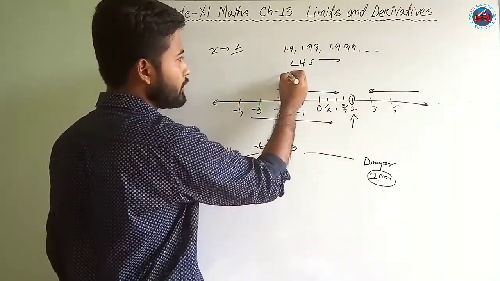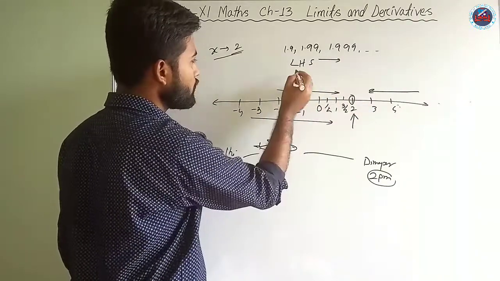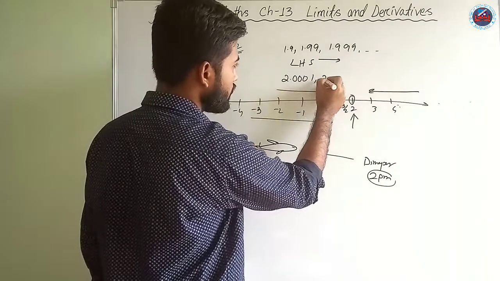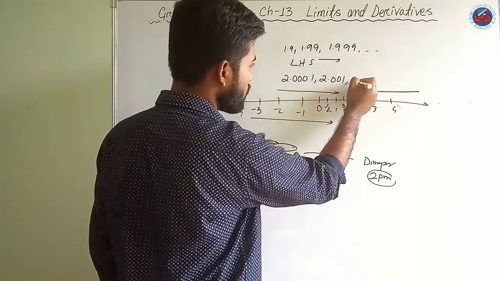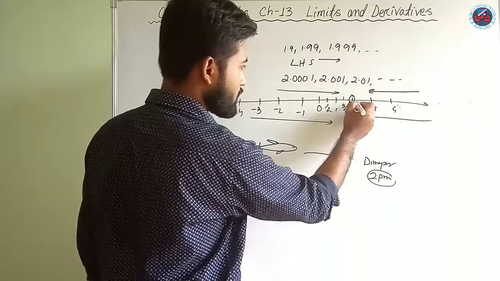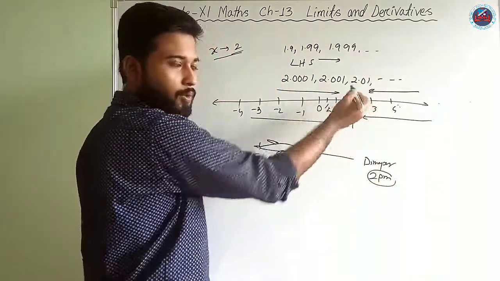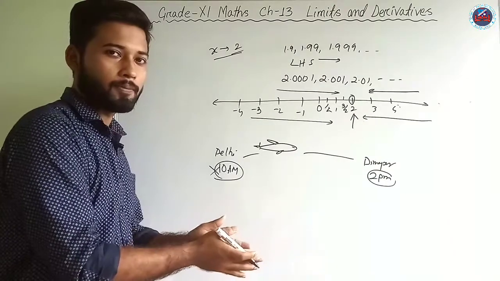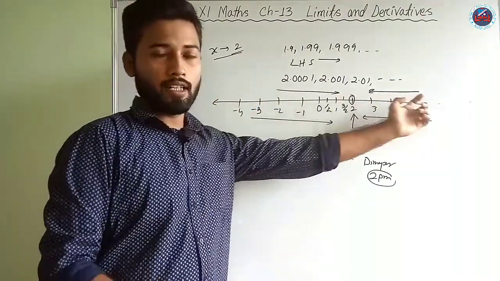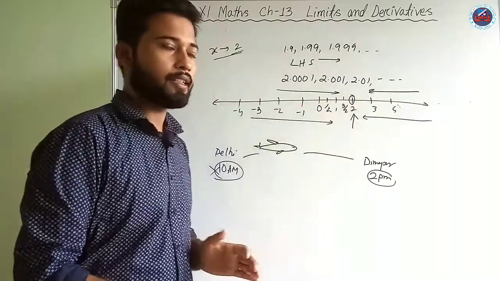And again, since x is tending to 2, one more option we have is 2.0001, 2.001, 2.01 and so on. That is, it is coming from the right side, because after 2 we have 2.00001, whatever number it may be, but not 2. Okay, so two cases arise: one is approaching from the left hand side and another is approaching from the right hand side.